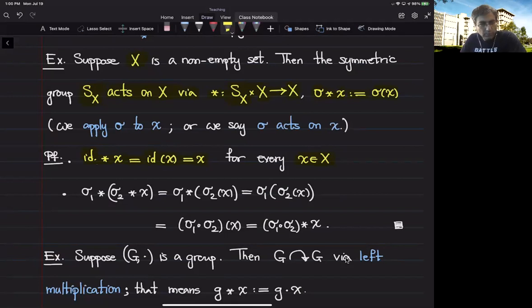Now let's pick two permutations, sigma 1 and sigma 2, two elements of the symmetric group. And then I need to apply sigma 2 and then sigma 1 to an arbitrary point X and see what we get.